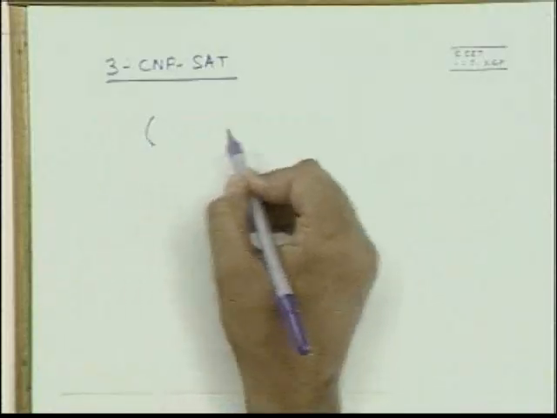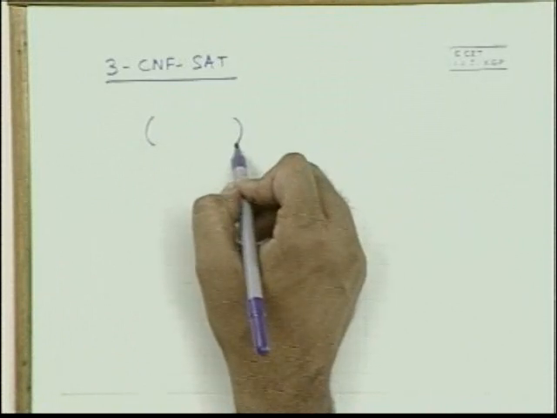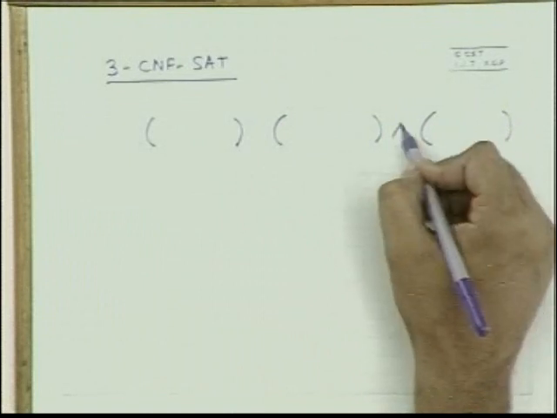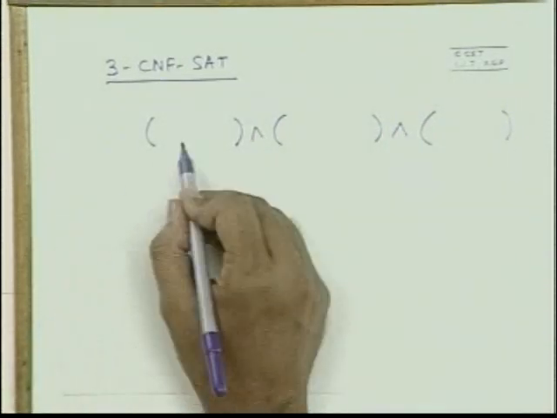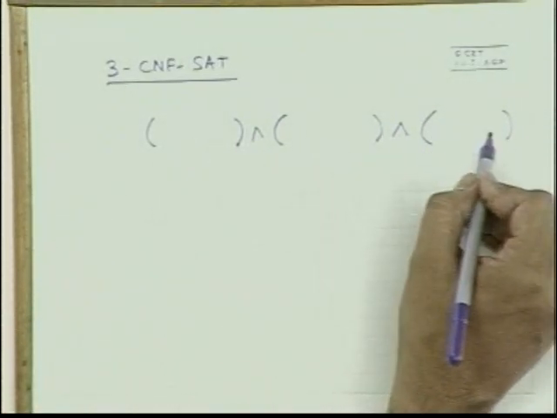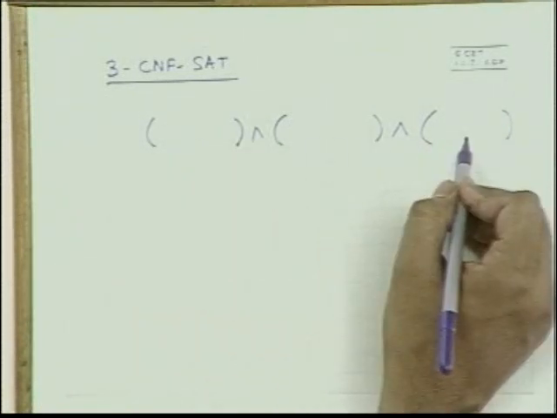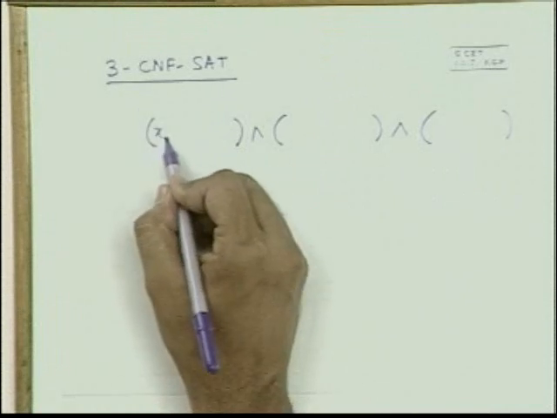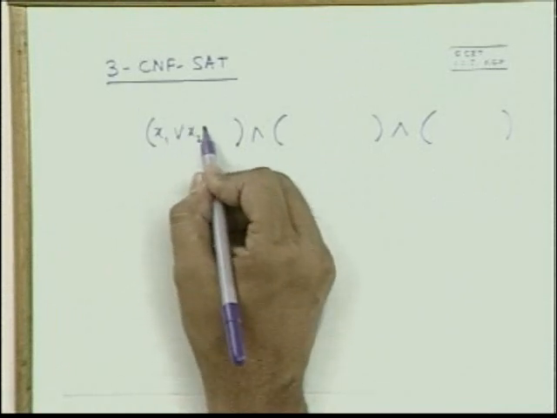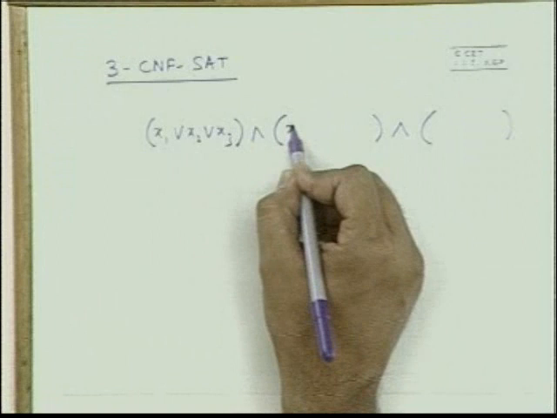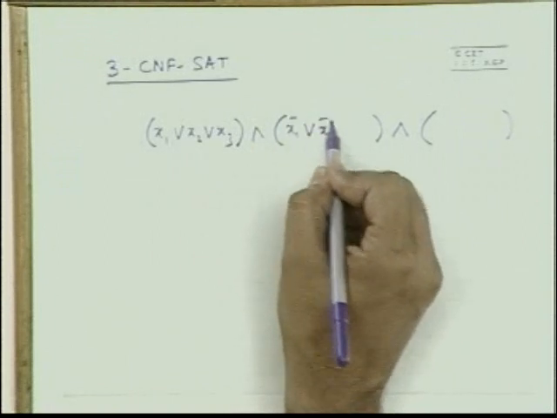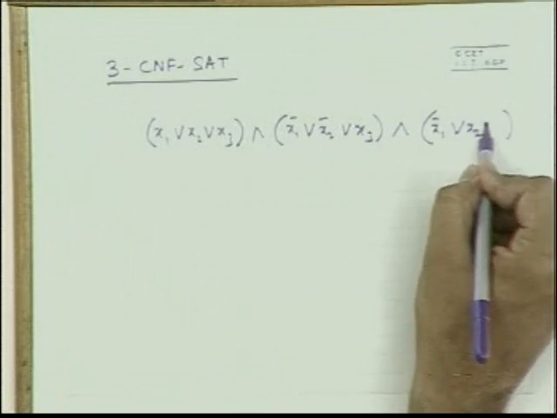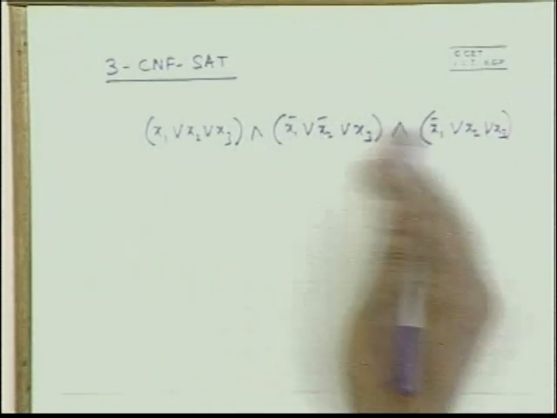It can be expressed as a collection of clauses which are separated by AND operator, and there are only three literals in each. So maybe x1, x2, x3, here maybe x1 bar, x2 bar, x3, here maybe x1 bar, x2, x3. This is just an example.